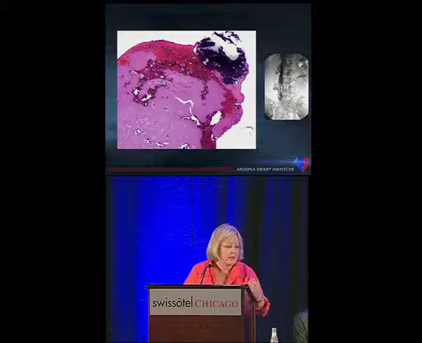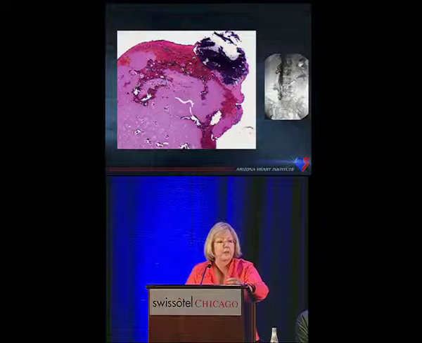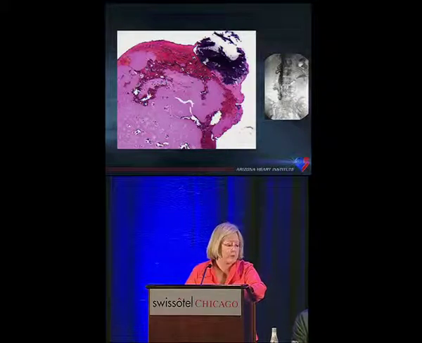I don't know if David wants to comment on that because nobody really knows, but it's curious that the pathologist, not knowing the origin of this, thought it was reminiscent of atherosclerotic plaque.